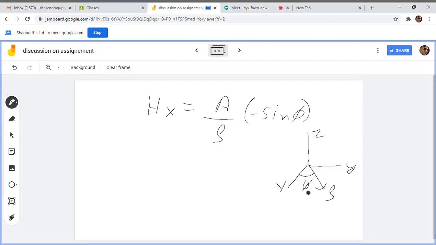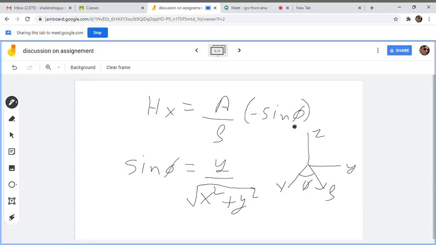Sin phi will be y upon rho, perpendicular distance divided by hypotenuse. And rho can be written as the square root of x square plus y square. So this is your sin phi.